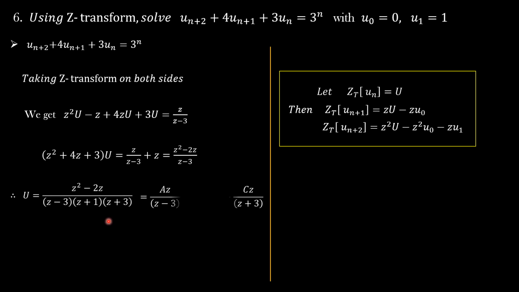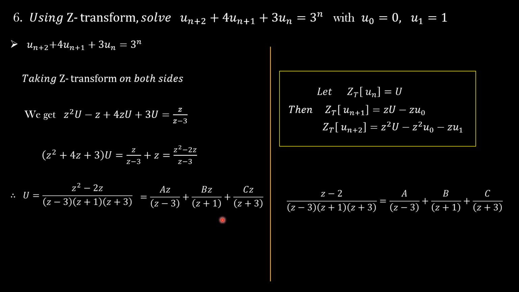Now by splitting, U becomes az/(z − 3) + bz/(z + 1) + cz/(z + 3). By the partial fraction method, you will get a equal to 1/24, b is equal to 3/8 and c is equal to −5/12.